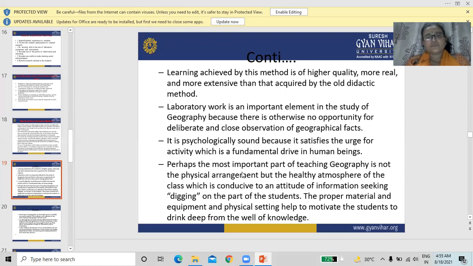Laboratory work is an important element in the study of geography because there is otherwise no opportunity for deliberate, close observation of geographical facts.